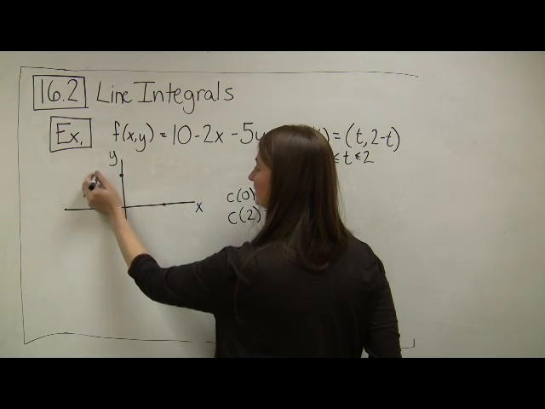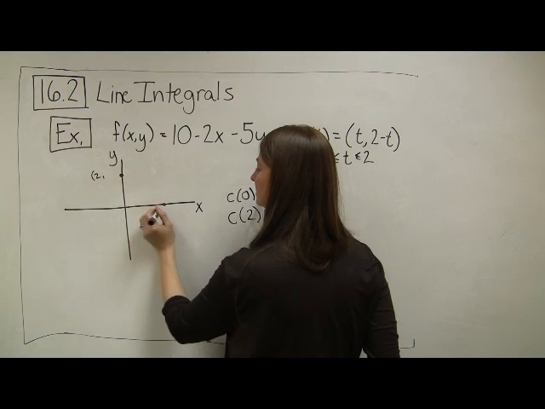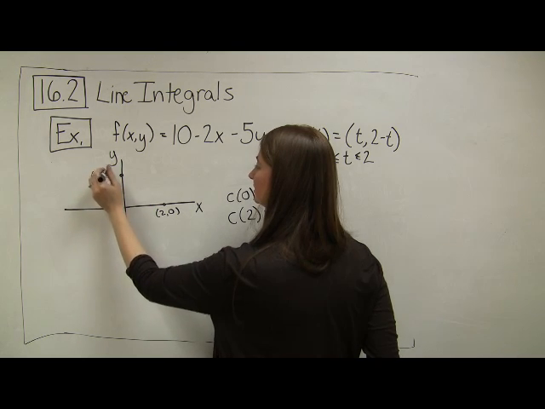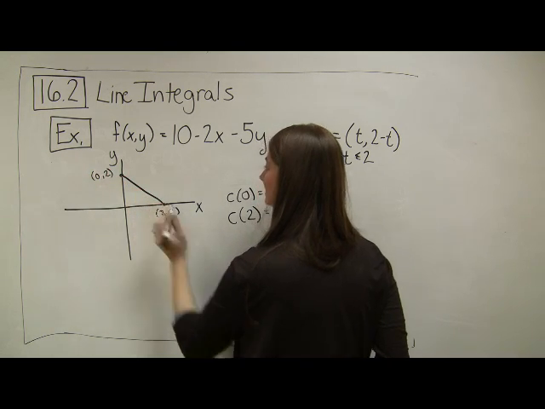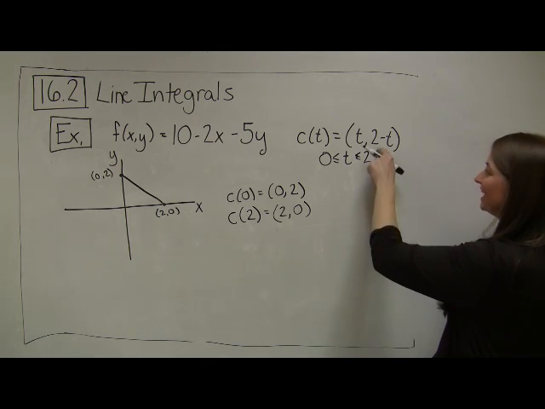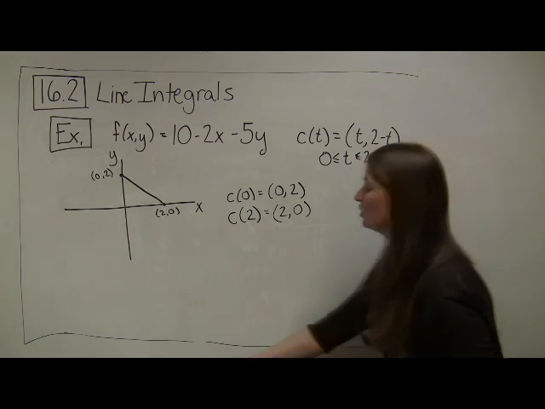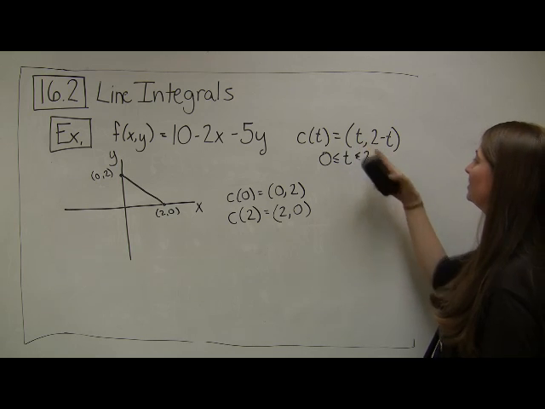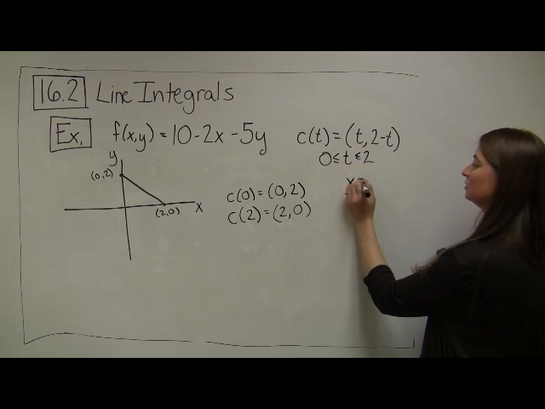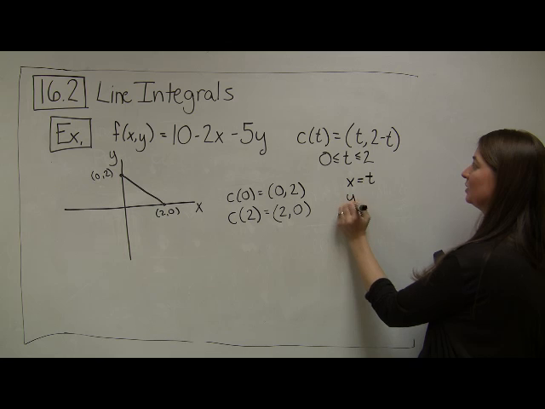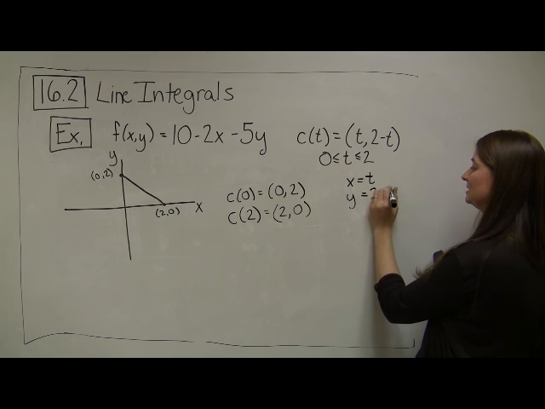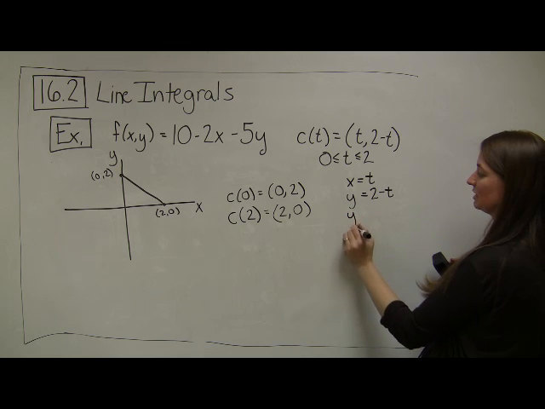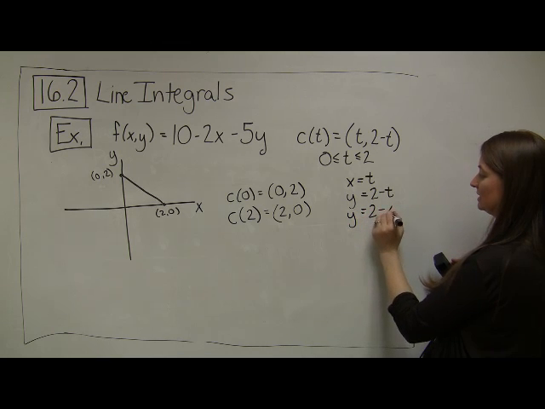So my path is actually just a straight line. Another way that I know this is a straight line is I could convert this path. I know that my x component is equal to t, and my y component is equal to 2 minus t. And I can see by substitution, if x is equal to t, it means that y is equal to 2 minus x.